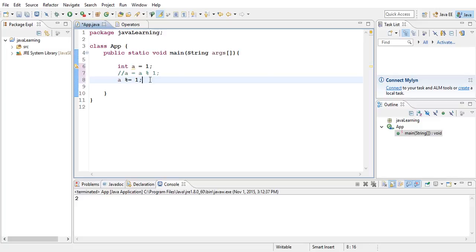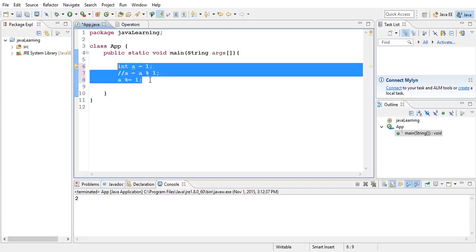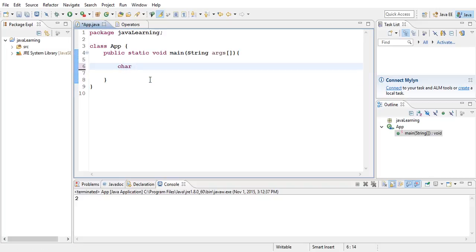There's still one thing left about this arithmetic assignment operator. Suppose we have got x equals a and we want to increase the value of x by 1, and we do something like x plus equals 1. This is the same as x equals x plus 1, but the thing here is this statement results in this value being an integer, and then it is converted to character.